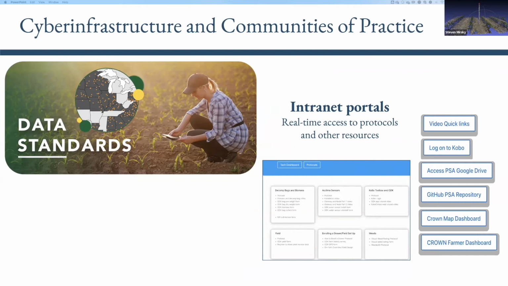I mean, getting humans to be consistent on the use of a protocol, on the standard use of a technology, on the timeline in which they share that data, these are rich challenges in large team science. So we built intranet portals so they have real-time access to the data, real-time access to the protocols.